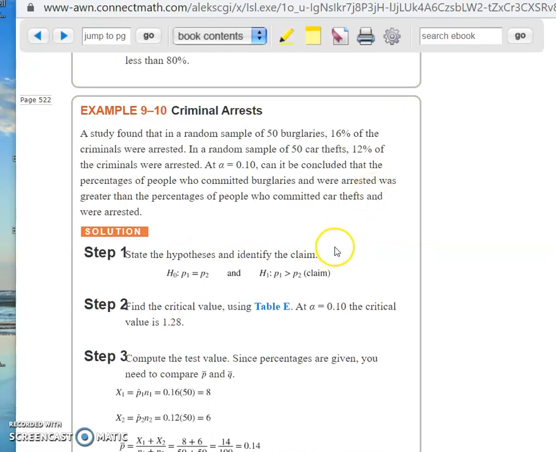Now, just think about it for a second. Why is it P1 greater than P2? Why don't we say P hat? Well, the reason we don't is because that would be a trivial hypothesis, because P hat is the sample proportion. The sample proportion for P1 is 16, for P2 is 12, so obviously it's bigger. That's not the issue.